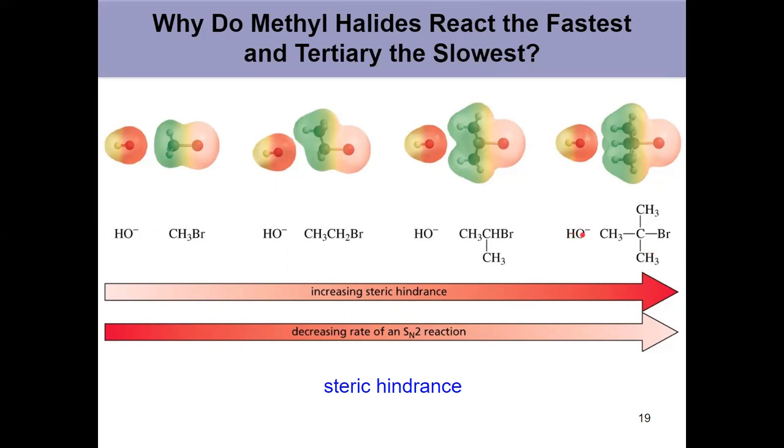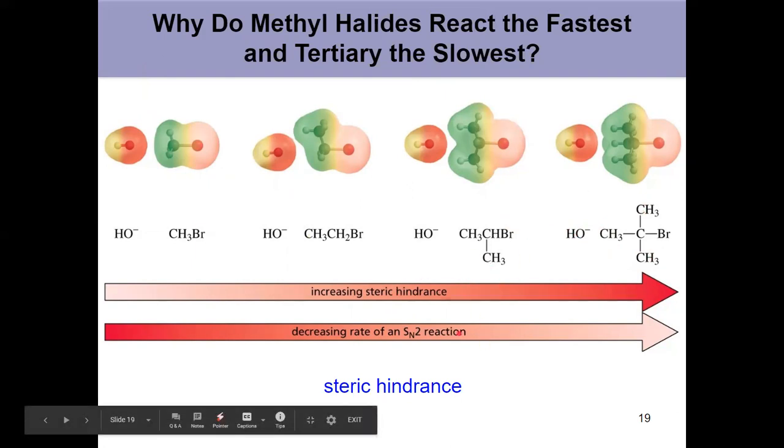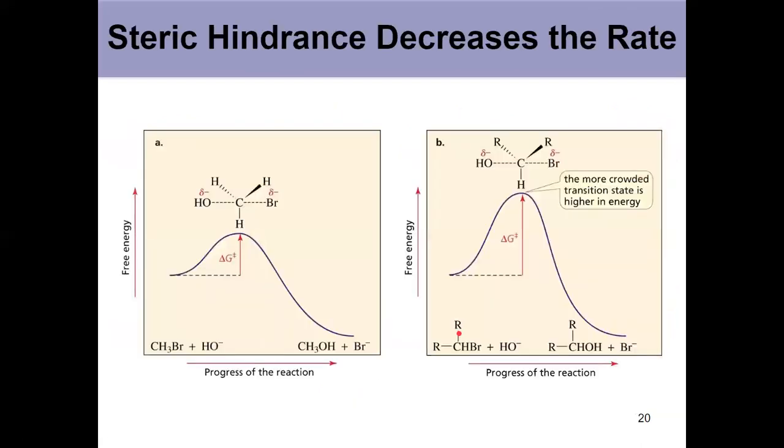In order for the SN2 reaction to occur, this hydroxide nucleophile has to come in and attack that carbon. So the more alkyl groups you have, the more things that are blocking access. As you go from methyl, primary, secondary to tertiary, more alkyl groups means more steric hindrance, which means a slower rate. We can see that in the reaction coordinate diagrams here.